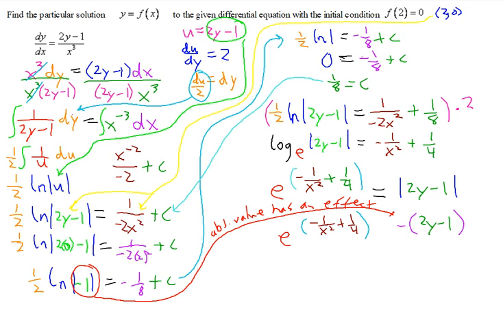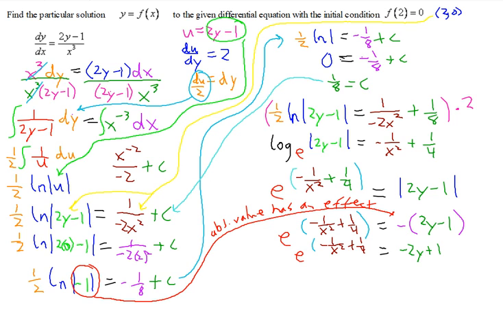And then you just have to finish solving for y. So you can distribute the negative. So, oops, we got the equal sign here. So that'd be negative 2y plus 1 equals e to the negative 1 over x squared plus 1/4.